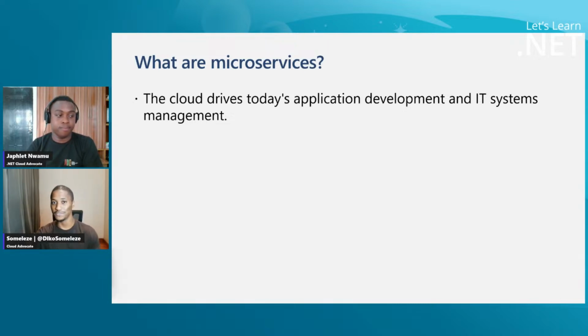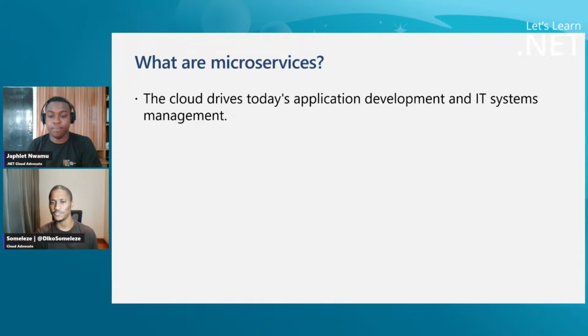This is where microservices come into play. Microservices give you an approach to software development and deployment that's perfectly suited to the agility, scalability, and reliability requirements of modern cloud applications, like the example Japhlet used.